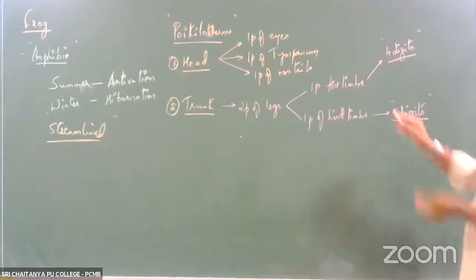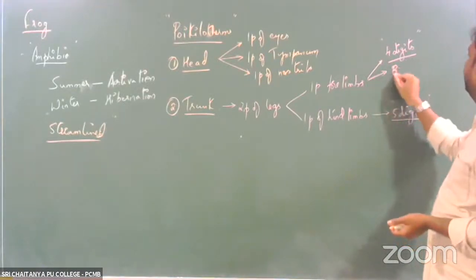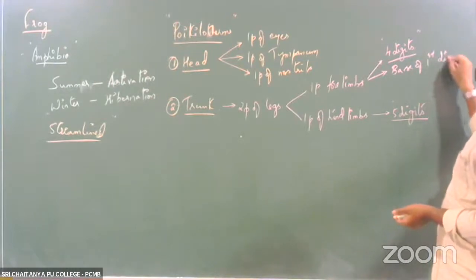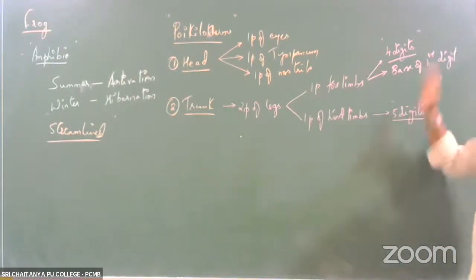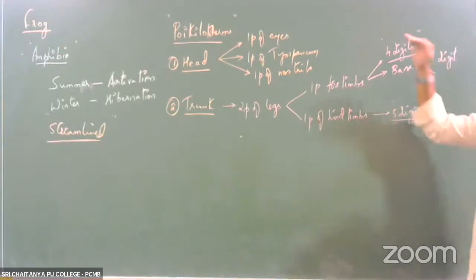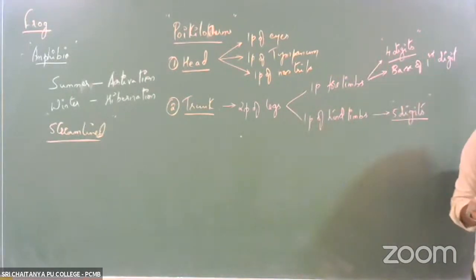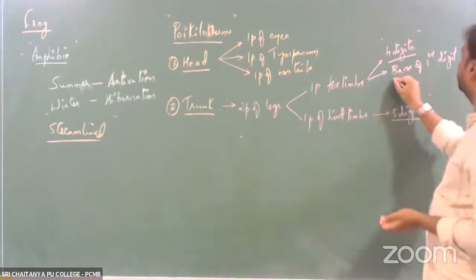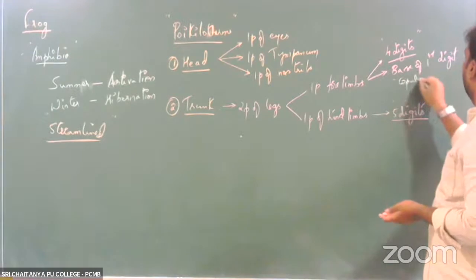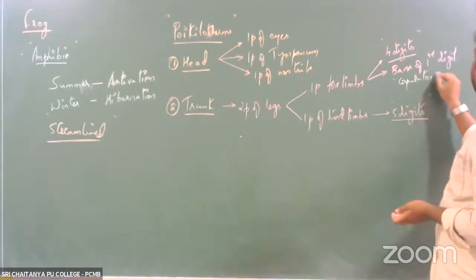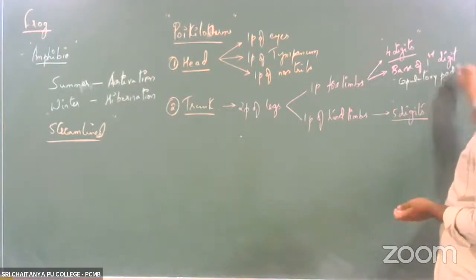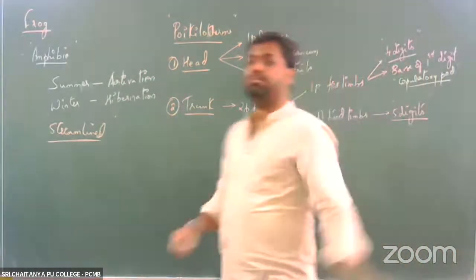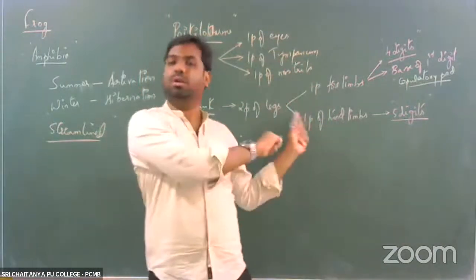At the base of the forelimb, right? At the base of the first digit in the forelimbs of these organisms, there is something called the copulatory pad or nuptial pad present. The copulatory pad or the nuptial pad is present at the base of the first digit in the forelimbs of frog.